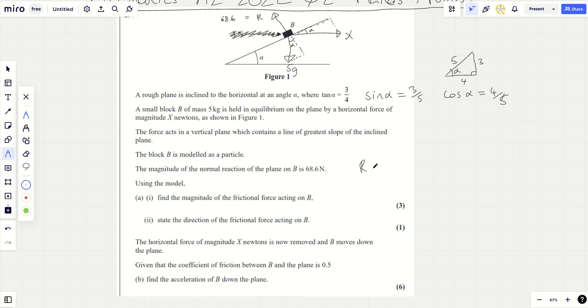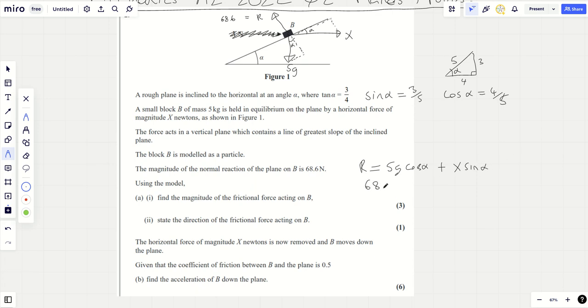So R equals 5g sine alpha plus x sine alpha. Sorry, I'm messing everything up today, it's early in the morning. R should equal 5g cos alpha plus x sine alpha. Always check your sines and cosines.